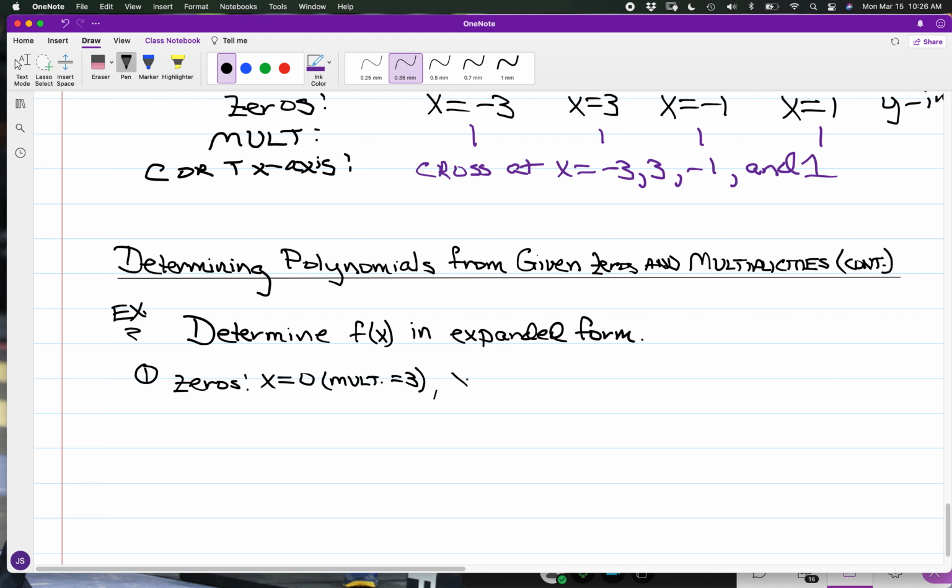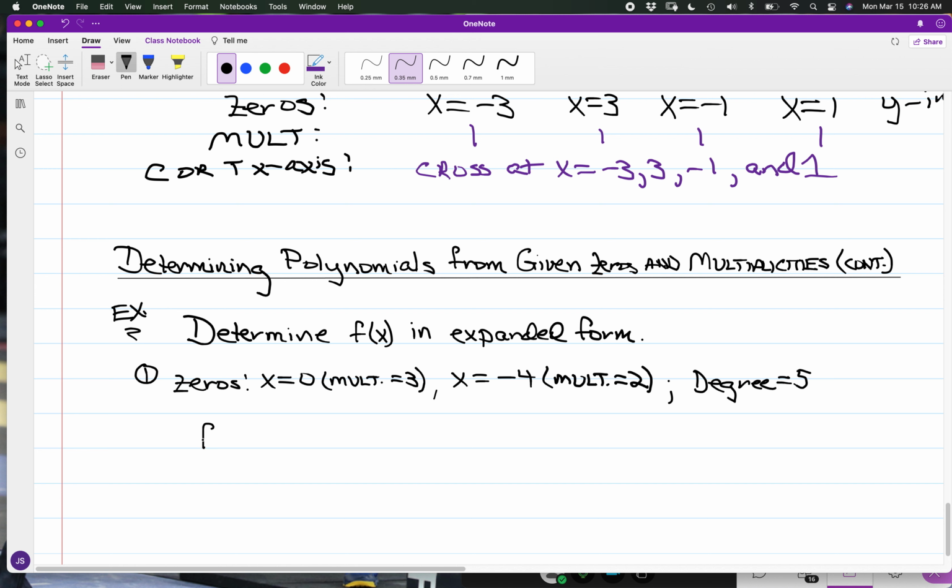And we'll say also we have that x is equal to -4 with a multiplicity of 2. And the degree is just going to be the sum of the multiplicities. So you have a 5th order polynomial.